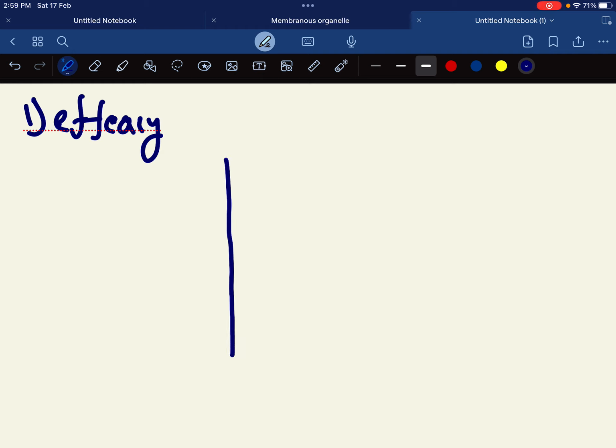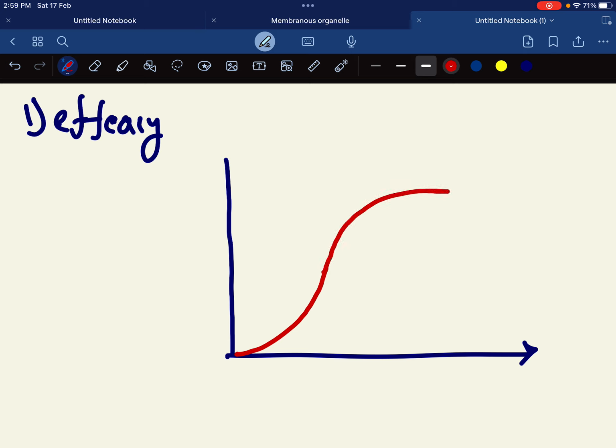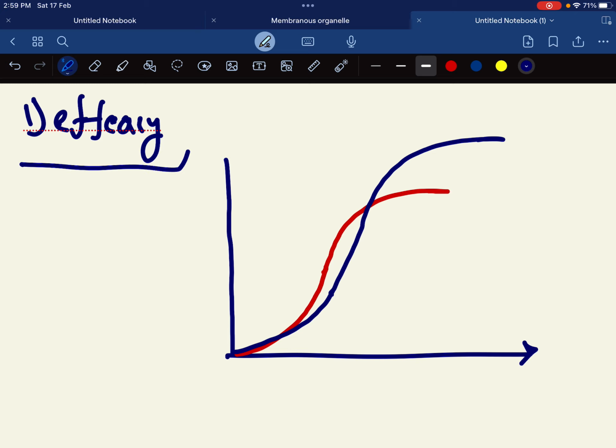Suppose I have got two drugs, drug A and B. So I say that drug A shows a graded drug response curve about like this one, and drug B shows a graded drug response curve like this one. So which one has more efficacy?